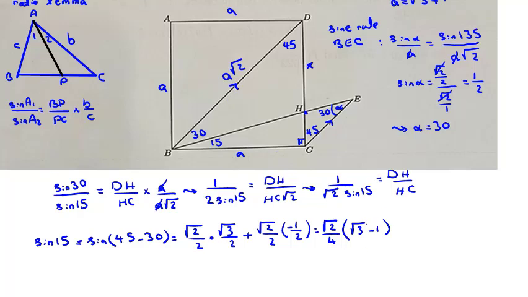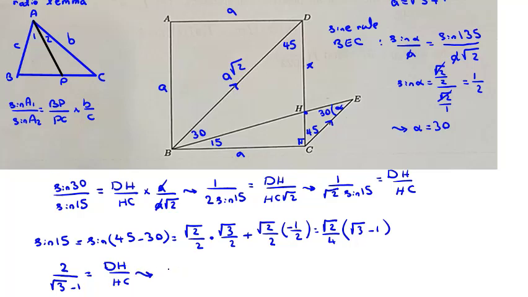Okay, now, if we multiply root 2 by this, if we replace sine 15 with this, root 2 times root 2, 2. 2 over 4 is 1 over 2, and you take 2 on the numerator, it will be 2 over root 3 minus 1 equal to DH over HC. If you replace sine 15 here with this, then you will reach this and simplify.